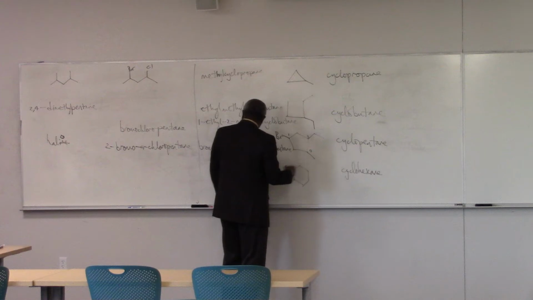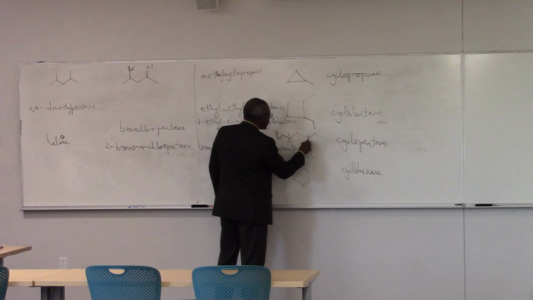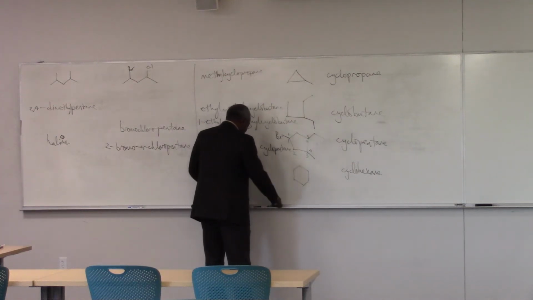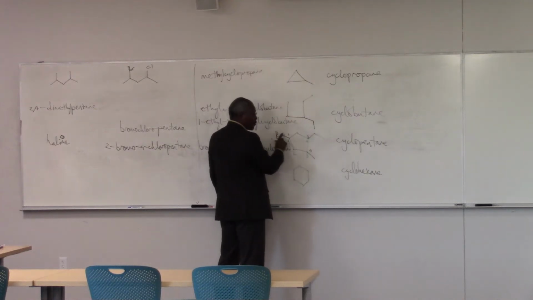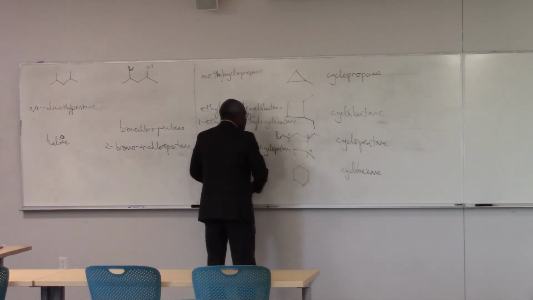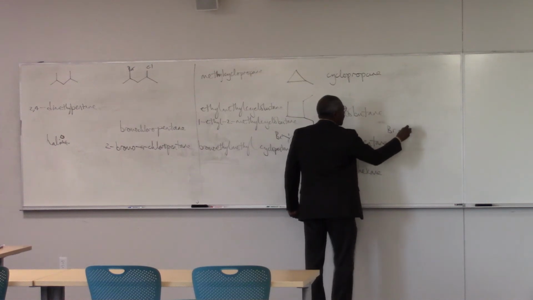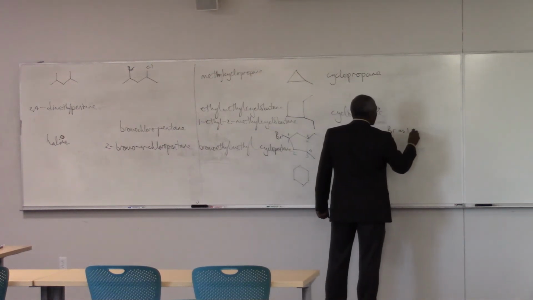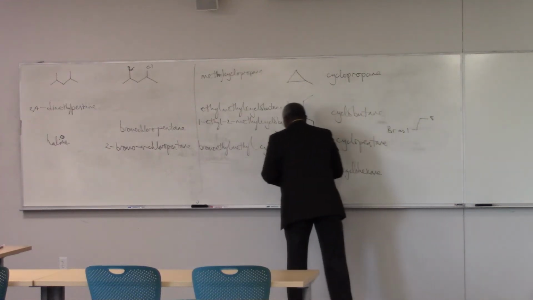I'll write that down too. If I call this carbon, the one with the bromine, 1, and start with the methyl, I can go 1, 2, 3, 4. So with the bromine as 1, my sum is either going to be 8 or 8.